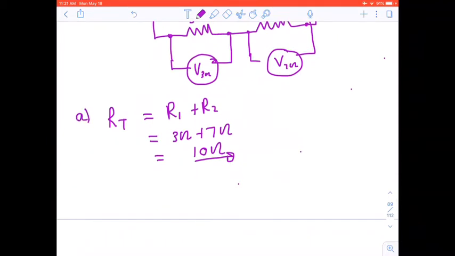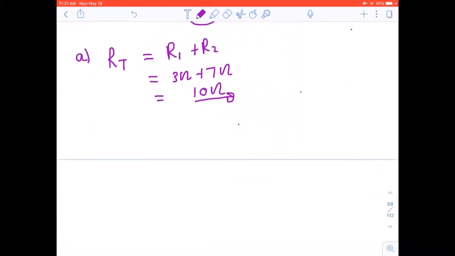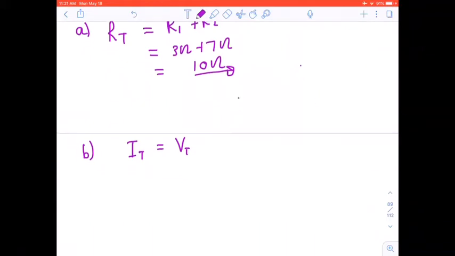Right, now we want to know what is the current in the circuit. So let's say B, the current in the circuit. We say, okay, I total, it means we want the total current in the circuit, and we know we have the total voltage, right? The total voltage is the voltage that the cell has and applies to the external circuit.